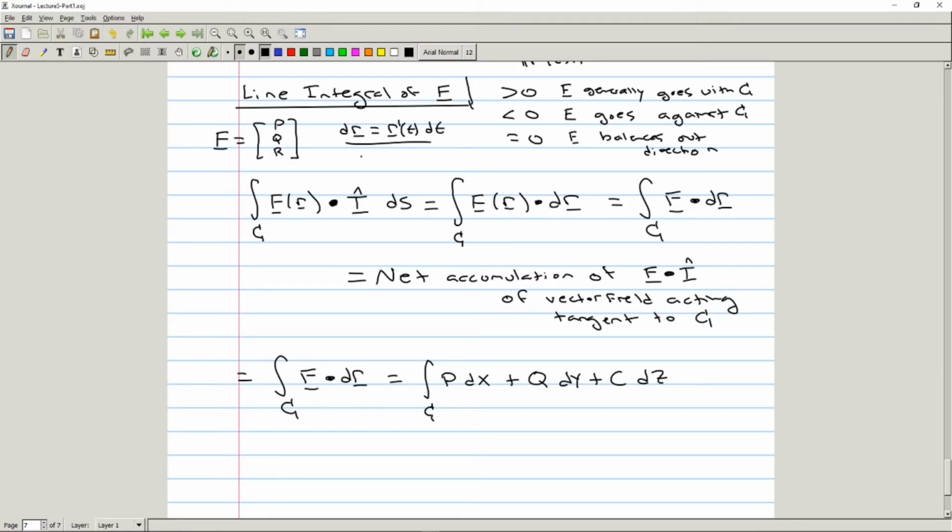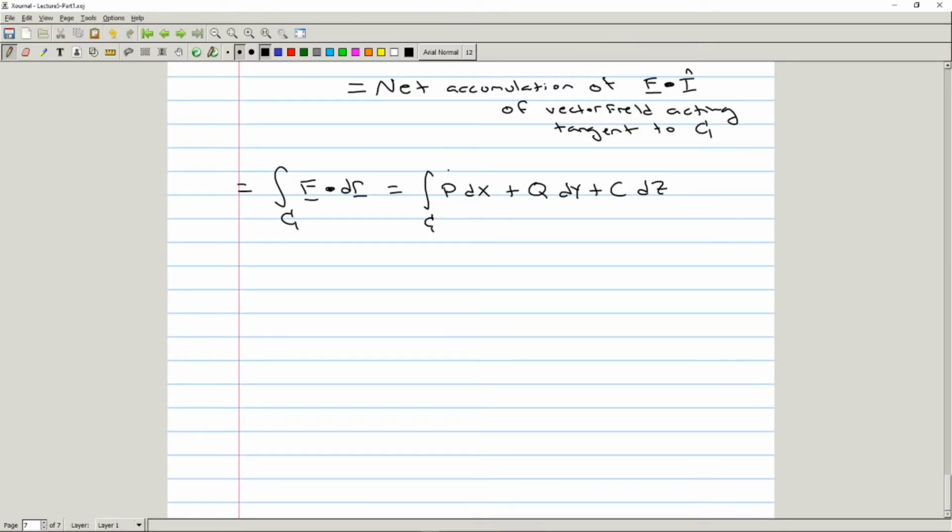But dr is really just the vector. You can think of it as like dx, dy, dz, the differential. So this is another very nice notation.